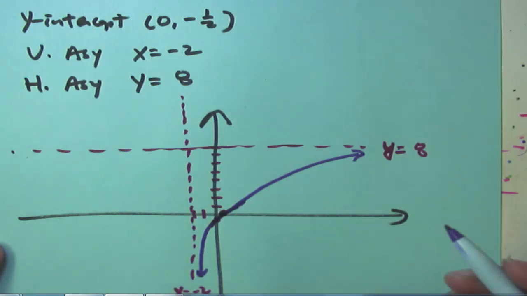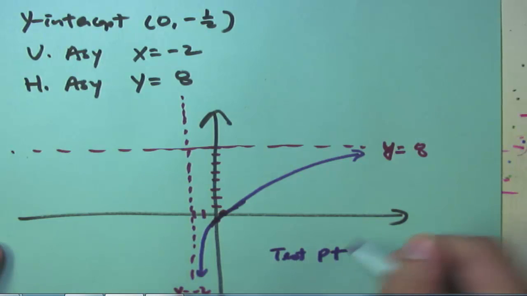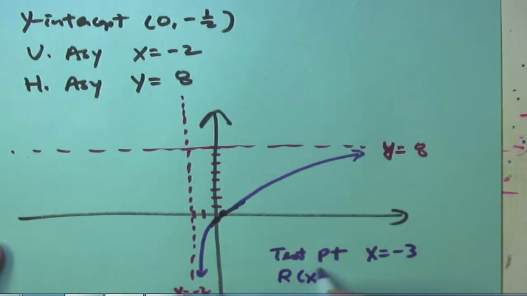But if you don't realize this, what you can do is test a point in this area, which is smaller than x equal to -2. You can say let's test x equal to -3 and plug into my original function, which is this, right?